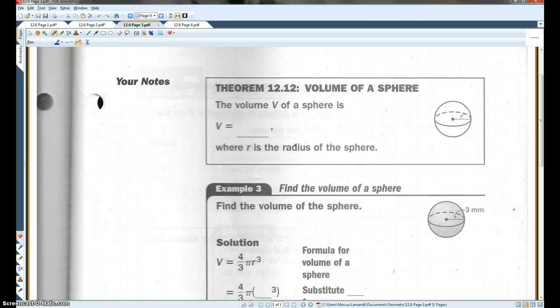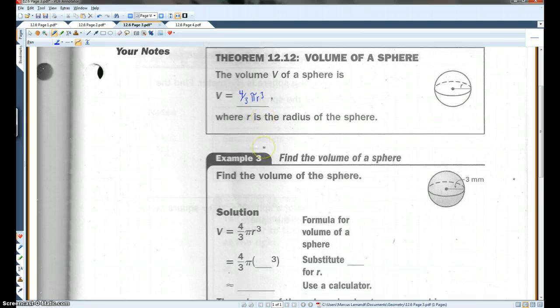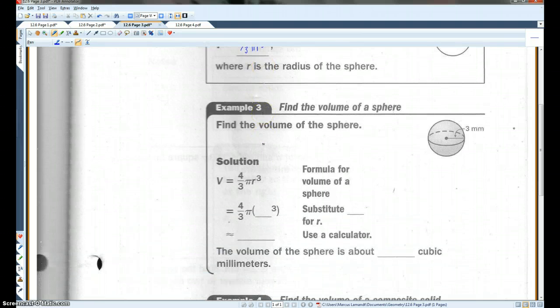Theorem 12.12. The volume of a sphere is V equals 4/3 pi r cubed, where r is the radius of the sphere. So, find the volume of a sphere. Here we're given a sphere with a radius of 3 millimeters.